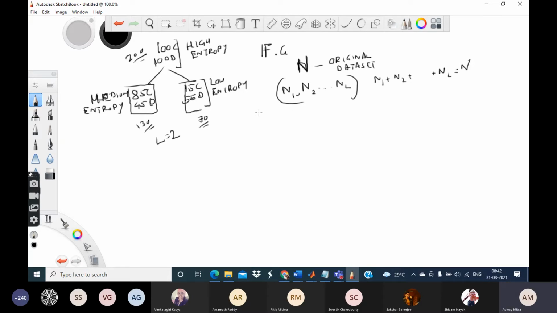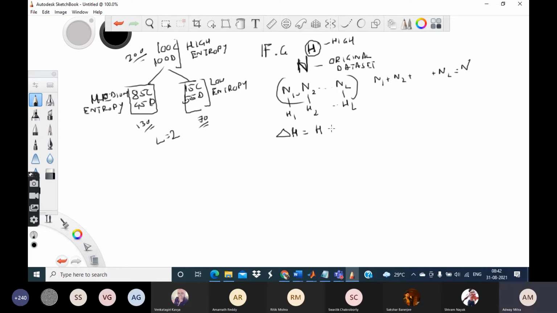Let H be the entropy of the original data set, which is high, and each of these subsets has its own entropy, say H1, H2, all the way up to HL. Fine. So now I can say that the information gain is basically the reduction in entropy.